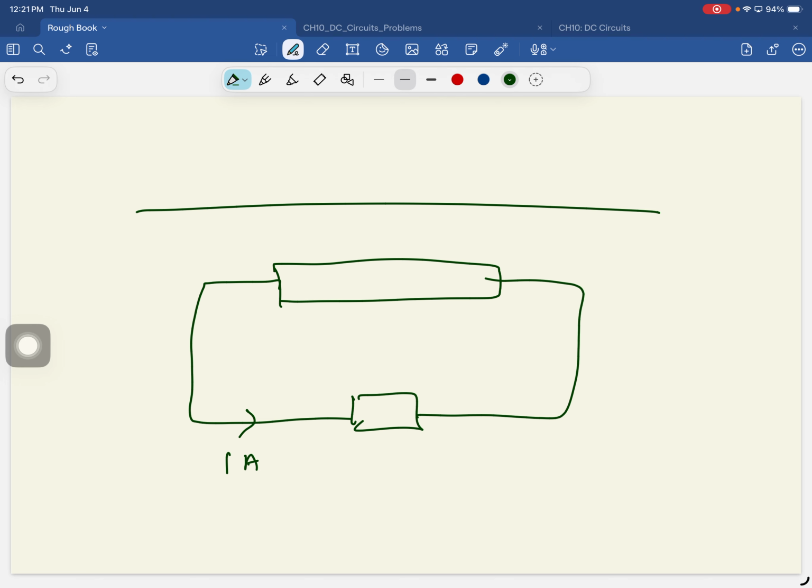Could be in parallel. That looks like it's a parallel circuit. It doesn't matter. Here's the 1 amp current flowing through the fish that killed it, and here's the same 1 amp current flowing through the eel.